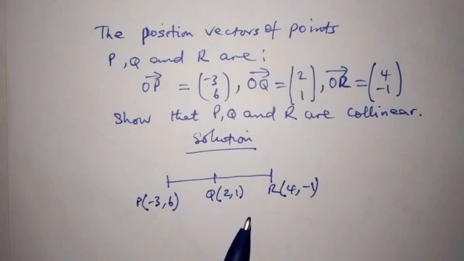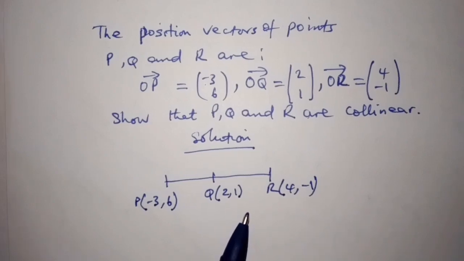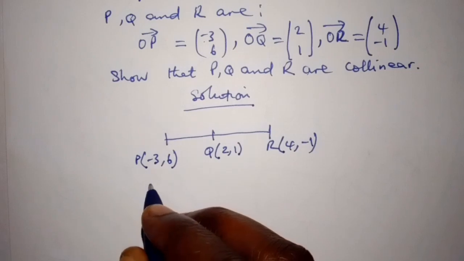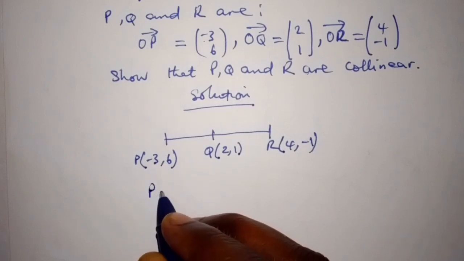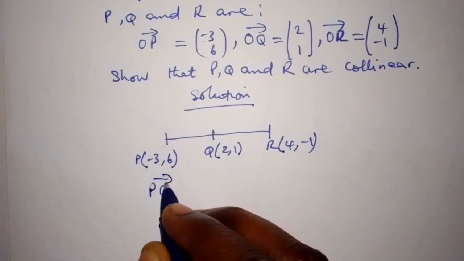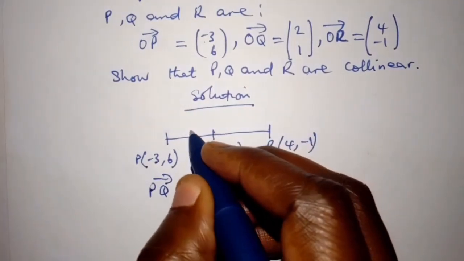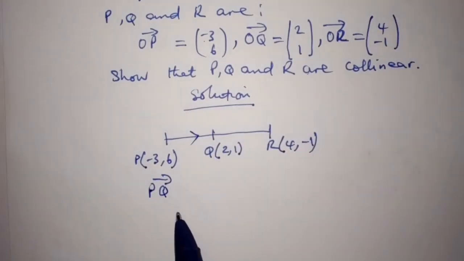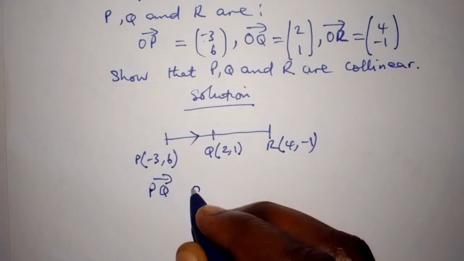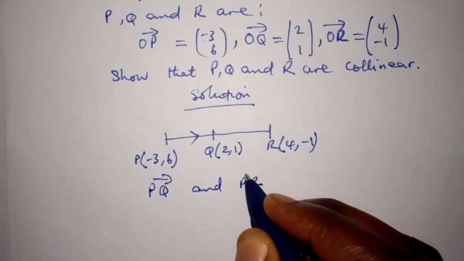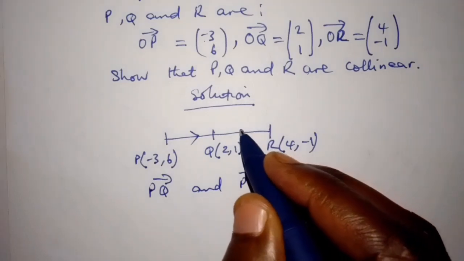Then we can refer to the points P and Q, vectors PQ, and vector PR.